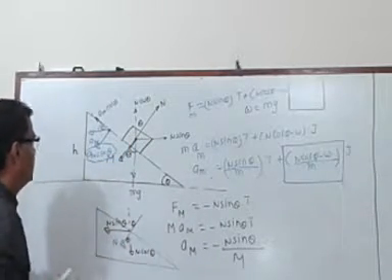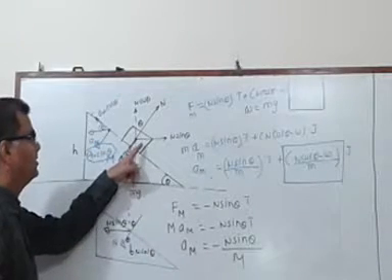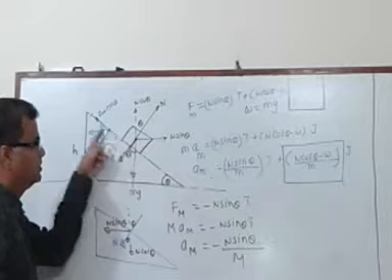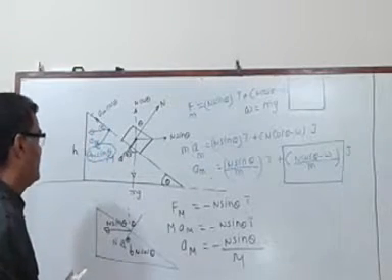And that is why the perpendicular components of the wedge's acceleration and the block's acceleration are both going to be equal to each other. This is a slightly difficult part to understand.